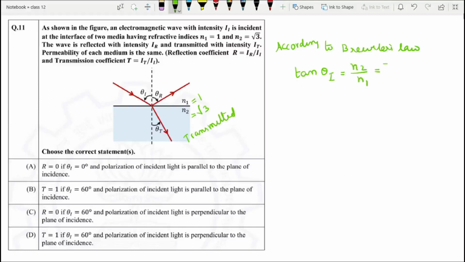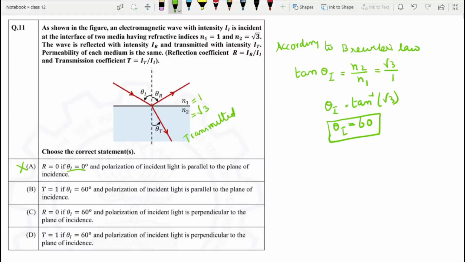In the question n2 is √3 and n1 is 1. So theta I is equal to tan inverse of √3, that is nothing but 60. So theta I, angle of incidence, is equal to 60 degree. So that is the Brewster's angle. So in the question option A is incorrect because here the angle of incidence is given as 0.